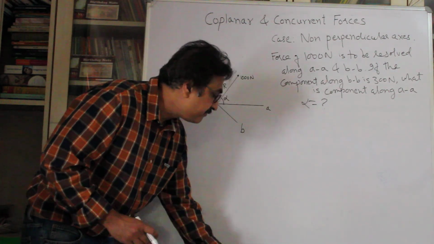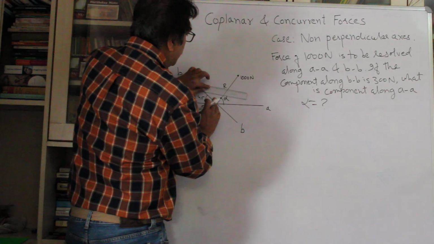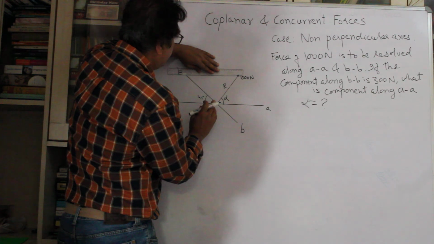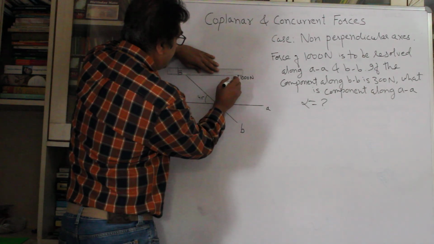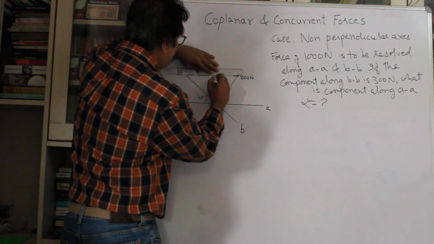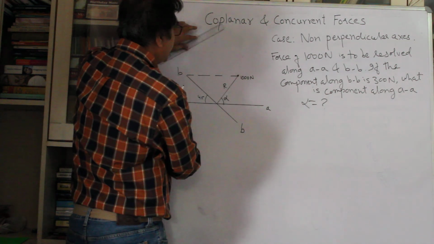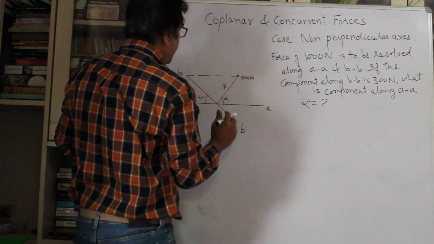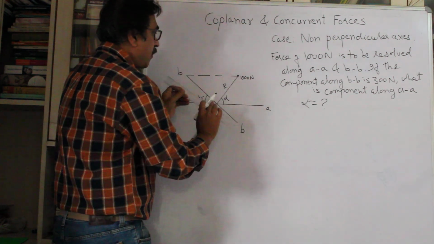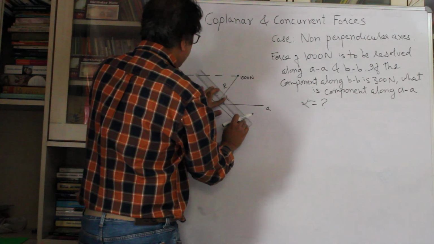So let's do that. So if this is parallel, yeah. This is the parallel, and I can draw a line parallel to BB from this tip again.